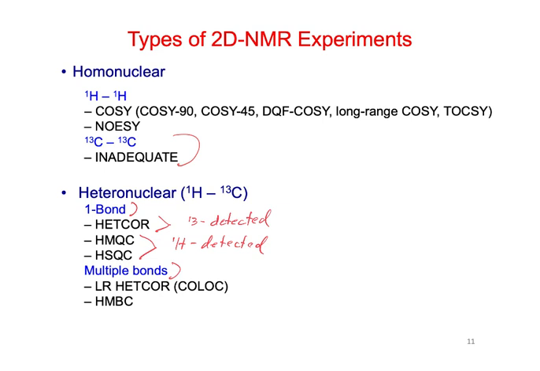We had a long-range HETCOR or another experiment called COLOC, so these are C13 detected. And the HMBC, and there's another version of that we'll see examples of, which is called the HSQC. No, that is, oh, I already have that up there. That's the one bond experiment, the HSQC. So these two are very similar. So this is proton detected.